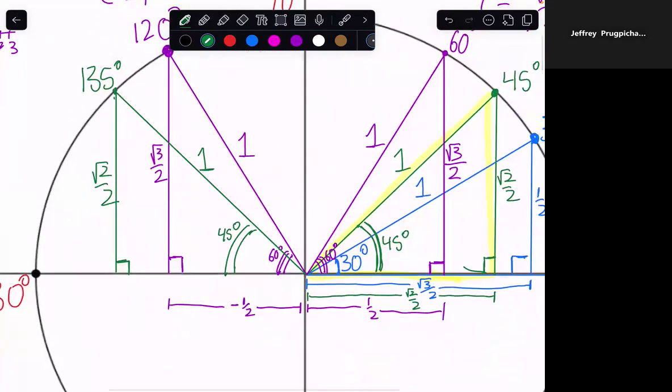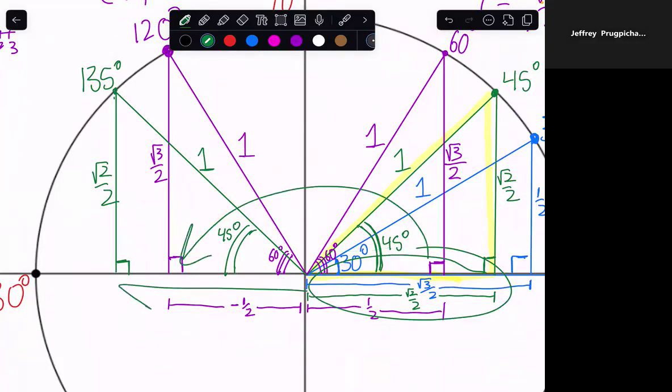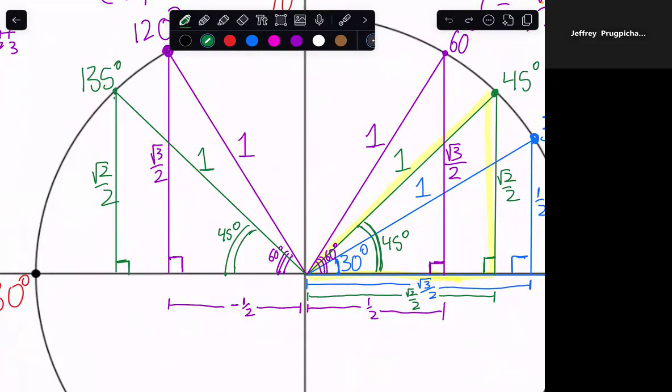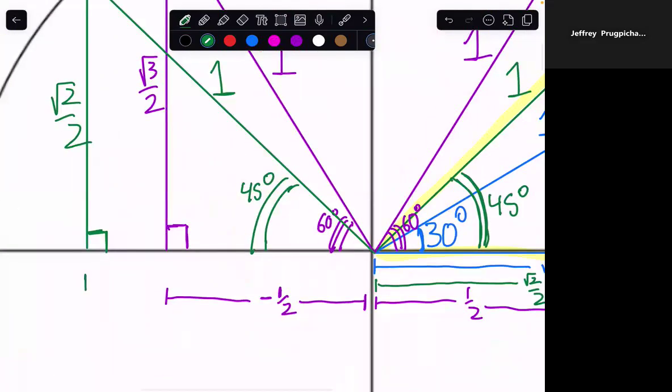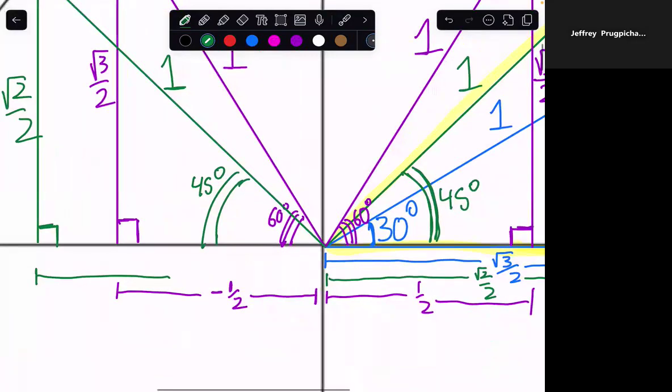But the bottom side used to be going right, so it was positive, but now when you reflect it, it's going to the left, which is negative. So just like the previous triangle, we have to consider this a negative x value. So we consider this negative radical 2 over 2.